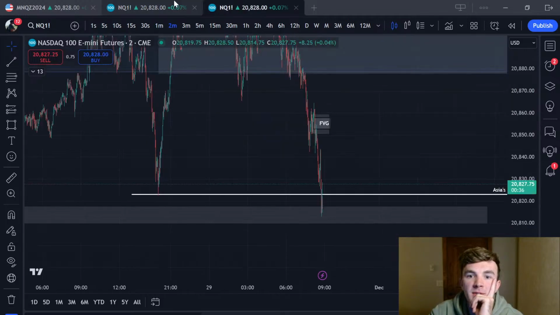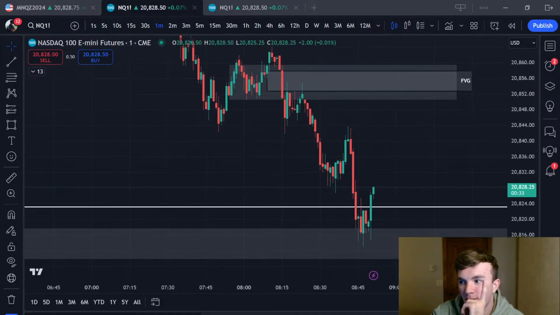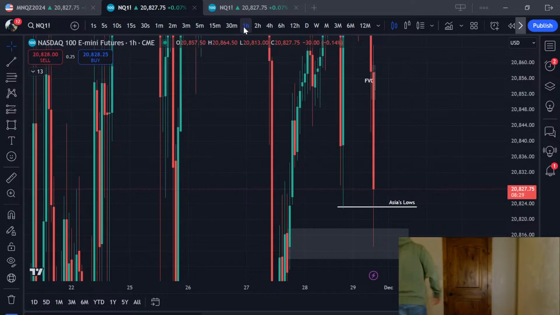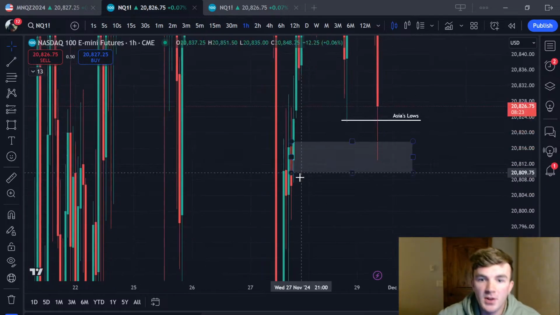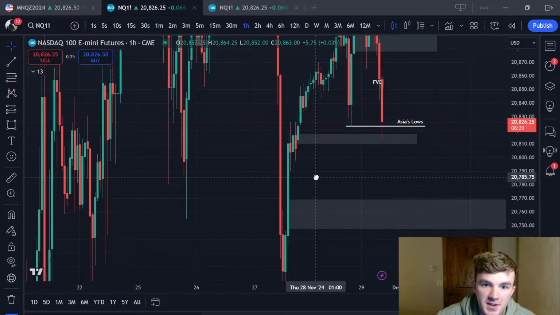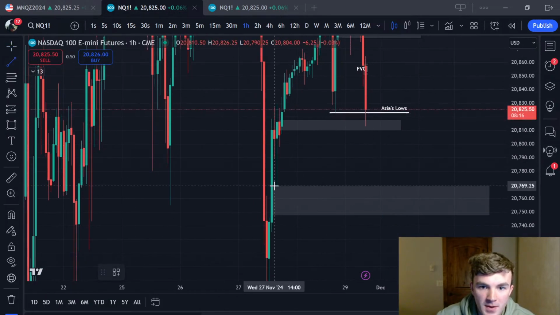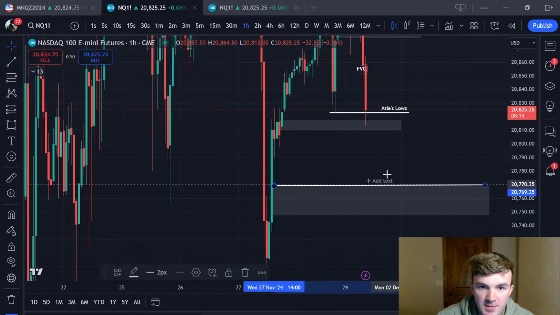Let's pull up the higher time frame. So I think we're just gonna start dumping, and we're gonna go run all of these lows here down to this fair value gap. So this is probably where I'd want to target because this is also New York PM's lows.